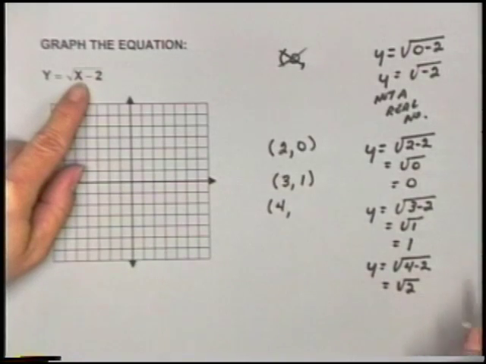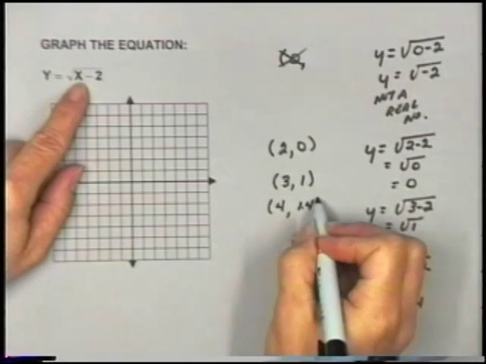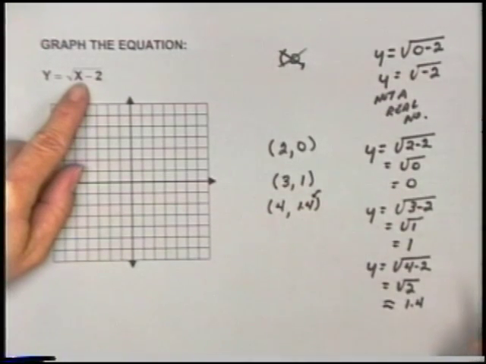Now, the square root of 2 we cannot do exactly, but if we use a calculator, we can find that this is approximately 1.4. We will use that as an approximate value to help us locate that point in a little while.